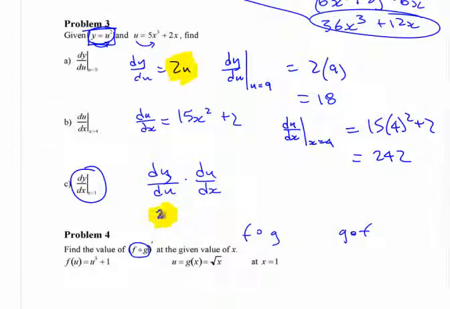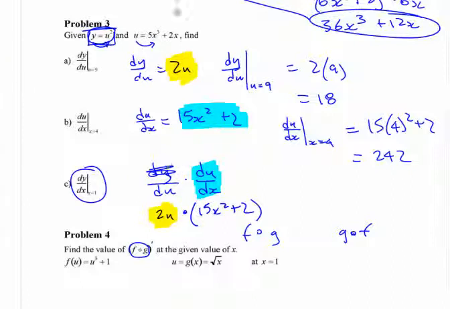So this is 2 times u. And we could work out what the derivative of the other part is, right? du/dx. What's that? That's this one, right? So we have 15x squared plus 2. Right? So you're multiplying those two derivatives.